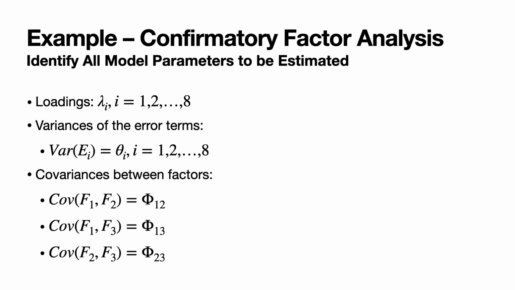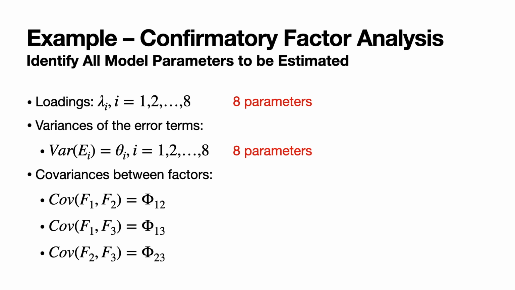We have loadings lambda 1 through lambda 8, and therefore 8 parameters that will need to be estimated for that part of the model. In addition, we have variances of the error terms. The variance of E sub i, you'll recall, is denoted by theta sub i. So we have 8 parameters that need to be estimated there.